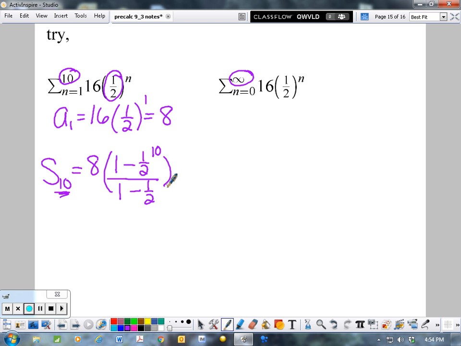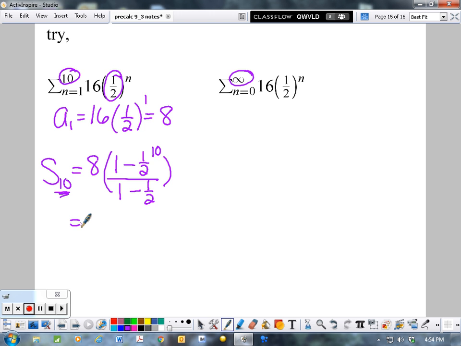Again, we could go about this several ways, using decimals or fractions. I'm going to use decimals just for time's sake. So 0.5 to the 10th power, and then 1 minus that. And 1 minus 1/2 is 1/2.